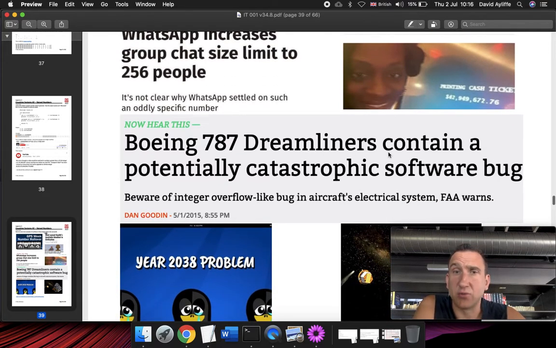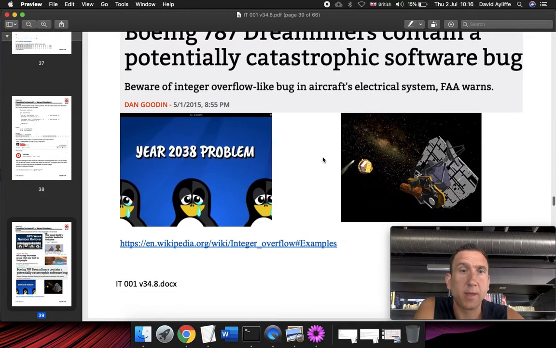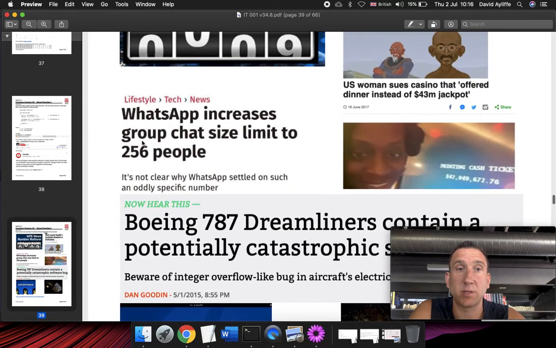The Boeing 787 Dreamliner needs to be restarted every 40 days, otherwise there's an integer overflow. The year 2038 problem, the 32-bit date time problem, that's a problem. WhatsApp increased the group size limit to 256 people. So that's as a result of hitting one of those boundaries.